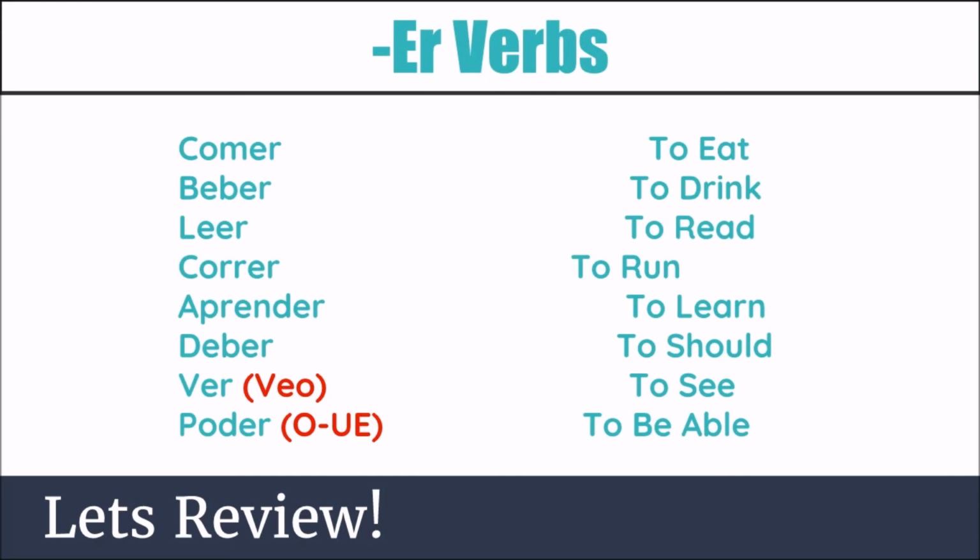Corro, corres, corre. Aprender, aprendo, aprendes, aprende. To learn. Debo, to should, that weird one, as in you should pay your debts. Ver, as you recall, has an irregular yo, veo, and means to see. Poder, to be able, is O to UE. And that's all the ones we learned today.